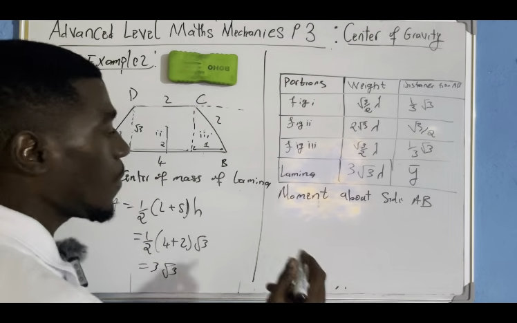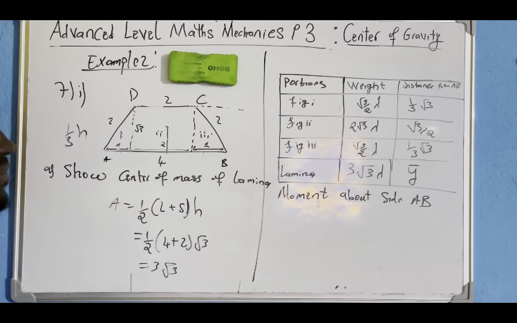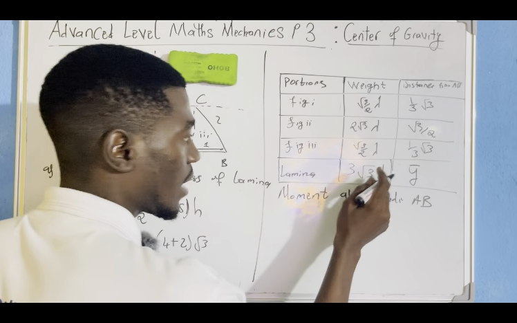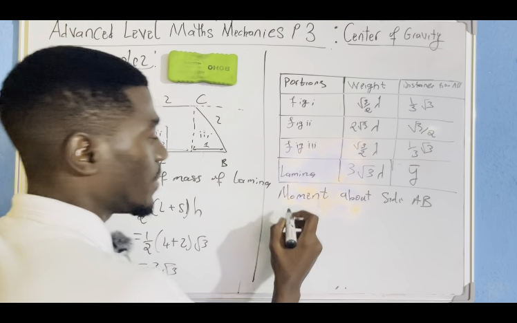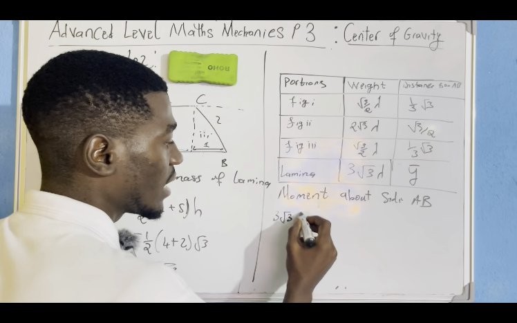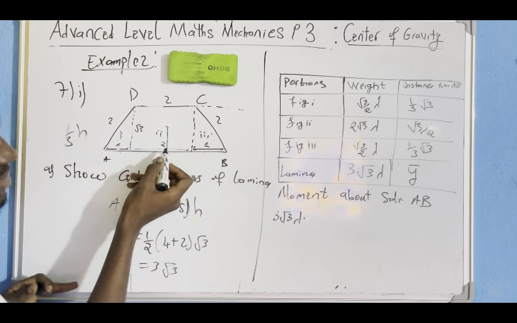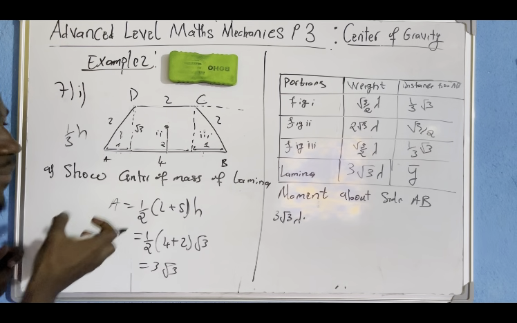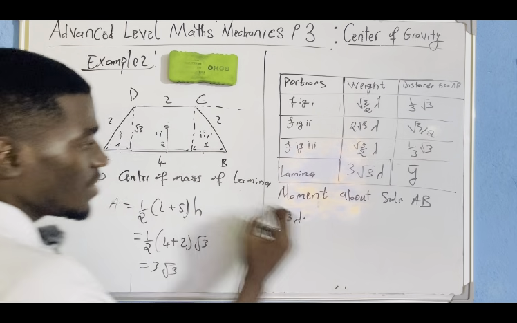The other moment is the weight force times the perpendicular distance. The weight of the lamina is 3 root 3 lambda, and the perpendicular distance from the center of mass of the lamina to AB is y.